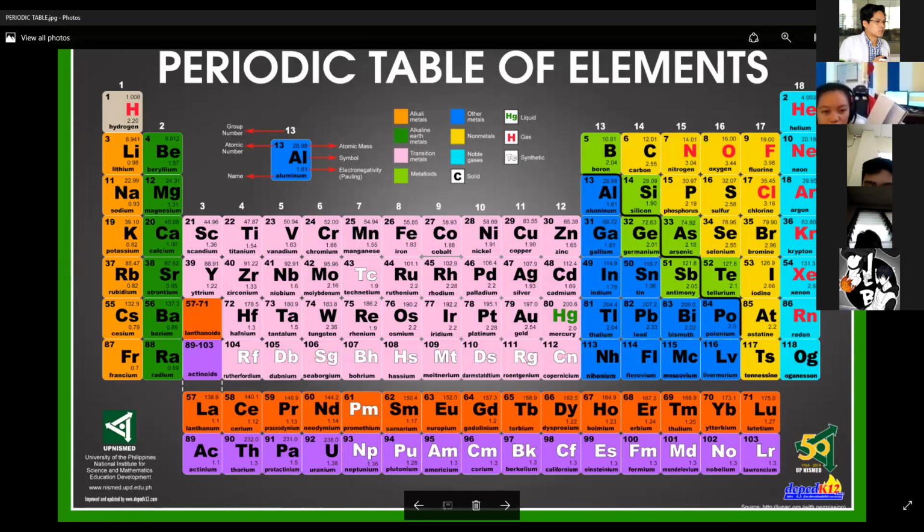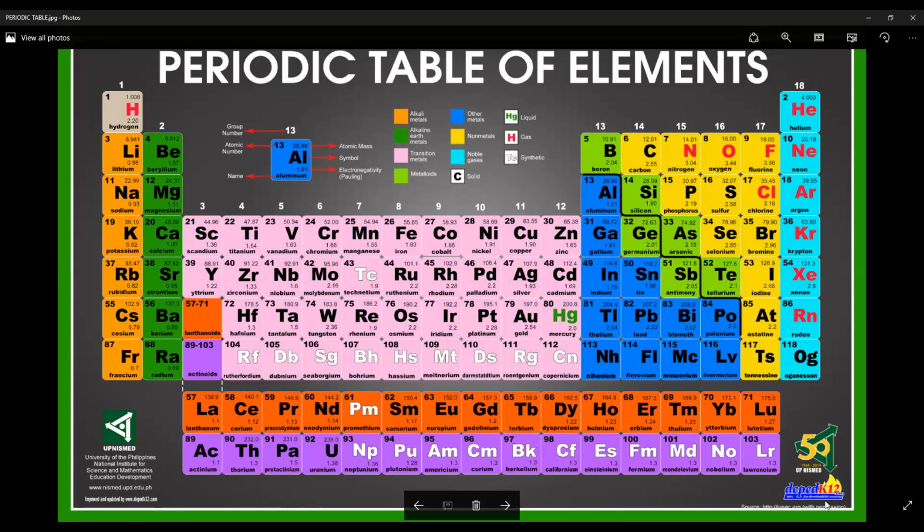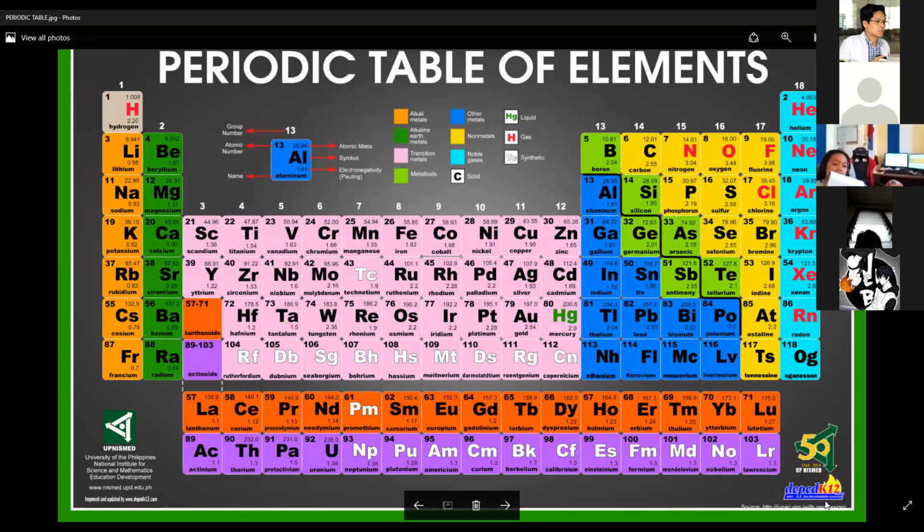Take a look at Mercury there. It is 80, but it is under the transition elements. So again, you split the transition elements because they have a different computation when it comes to electronic configuration. You stick to the group A elements.